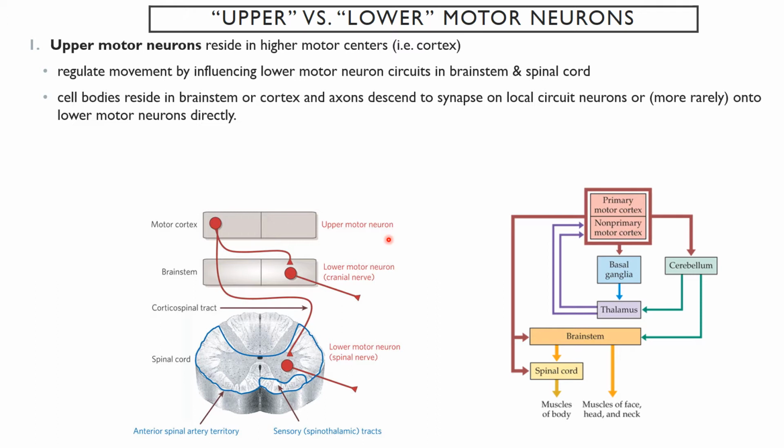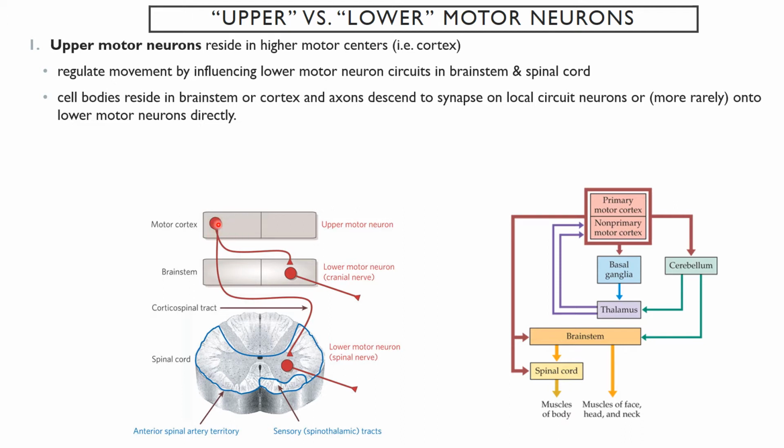The motor control systems can also be broken into two additional major levels, upper and lower motor neurons. Upper motor neurons reside in higher motor centers, such as in the cortex. This is an example of an upper motor neuron here. It will regulate movement by influencing lower motor neuron circuits in the brainstem and then the spinal cord.